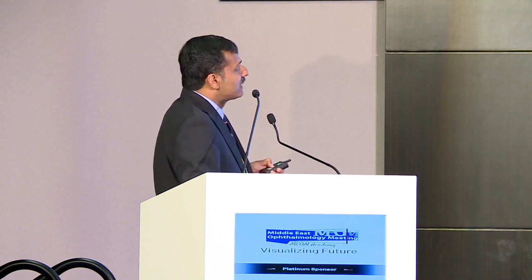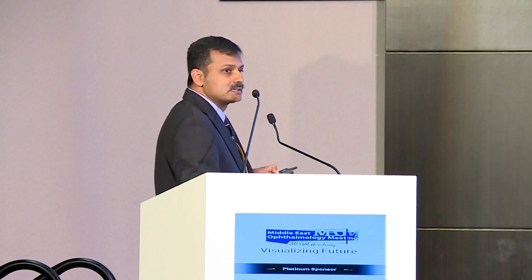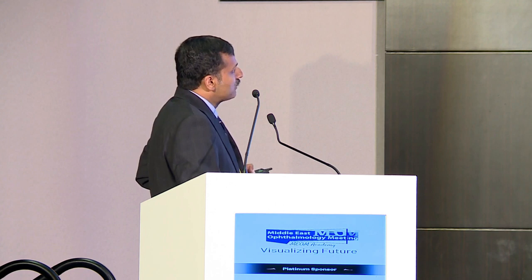With the standard flash, which is dark-adapted 3.0, and bright flash, which is dark-adapted 10.0, there was an A and a B wave, just like in control. But if you look carefully, the timing of the A and B wave is delayed. Secondly, on the ascending limb of the B wave, the small wavelets, the oscillatory potentials, are missing.